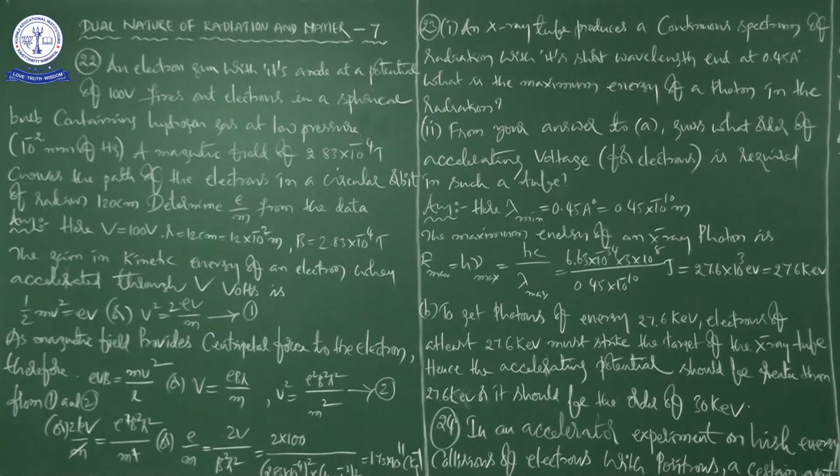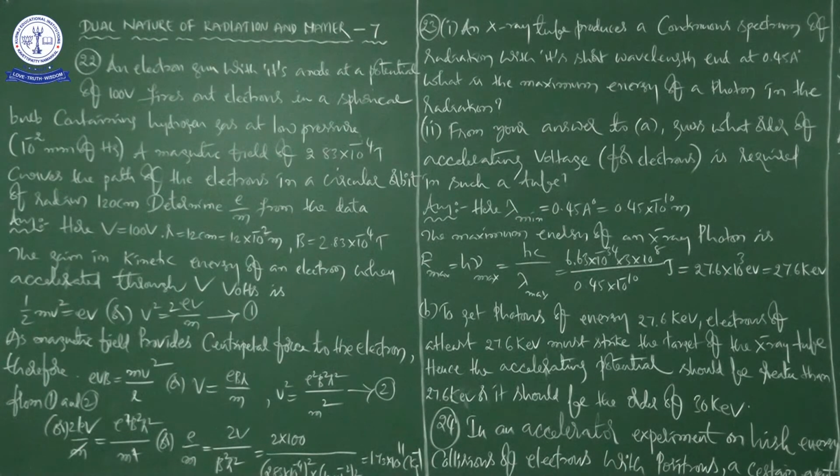In continuation to the last class, we start with problem number 22 in this class. Okay, see here, first see the first problem number 22. An electron gun with its anode at a potential of 100 volts fires out electrons in a spherical bulb containing hydrogen gas at low pressure.